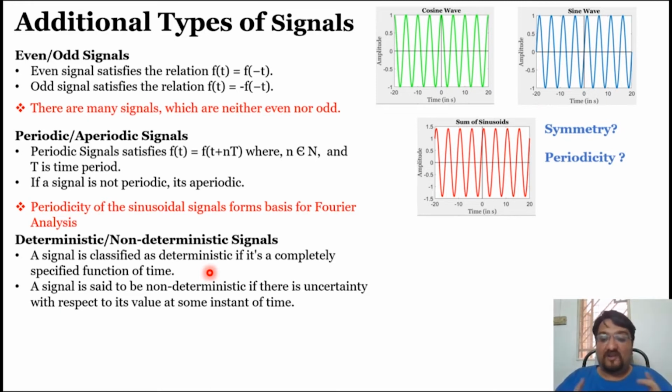You can approximate, you can forecast, based on your previous data, and that is always a function of probability. If you see any weather report, they'll say expected. This expectation is there, it's not a certainty. So those signals are nothing but non-deterministic signals, where you cannot identify the value.